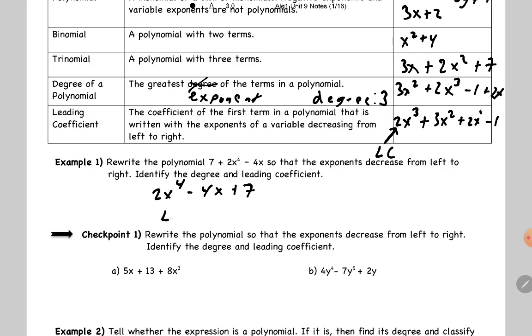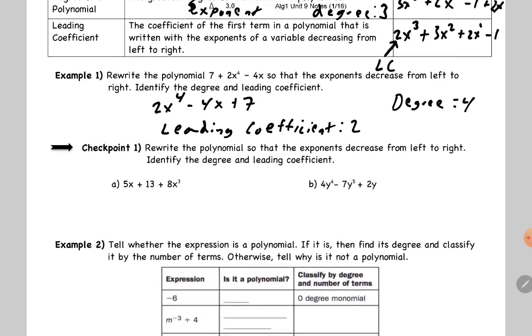The leading coefficient is the number in front of the x to the 4th term, which is 2. And the degree is the highest exponent, which is 4.